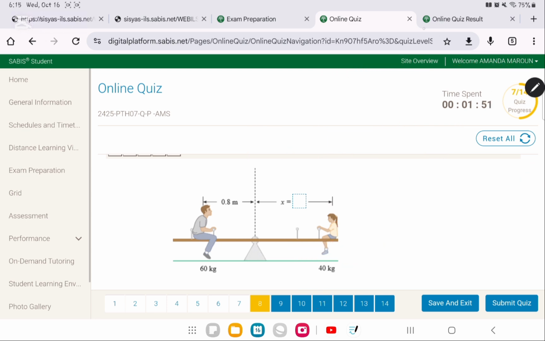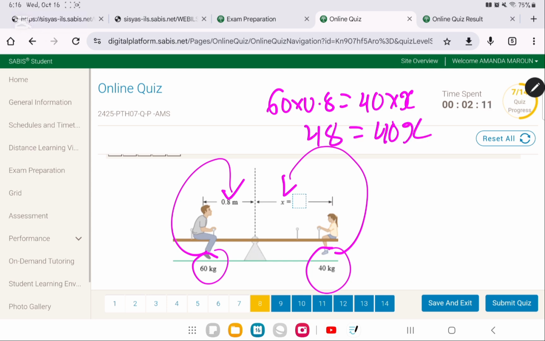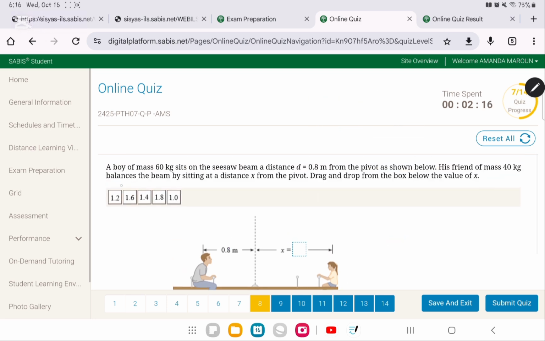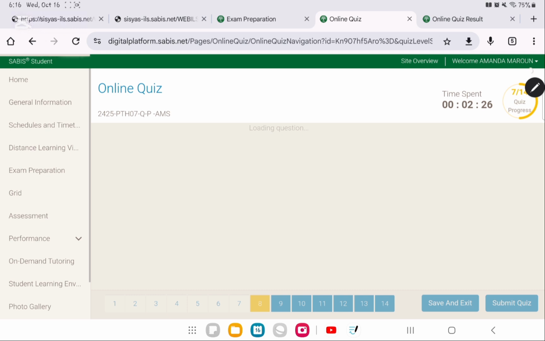So it becomes 60 kg times 0.8 is equal to 40 kg times x. If we do it on our calculators, we get 48 is equal to 40x. Then divided by 40, you will get that x is equal to 1.2. So she needs to sit at a distance of 1.2 meters away from the fulcrum, which is this over here, so that the seesaw will balance.